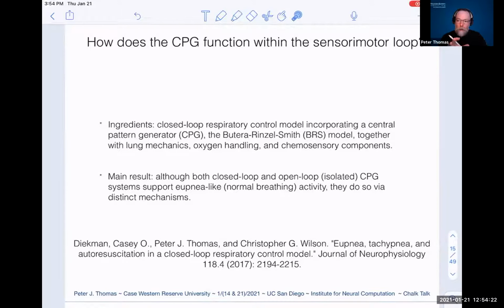The output of the Butera-Rinzel-Smith model is going to be driving a very simple muscle model that will open the lungs, pull air in. The outside air mixes with the air in the lungs, and then the oxygen from there gets pulled into the body, and then gets pulled out because of metabolism. And then to close the loop, we have some form of chemosensation.